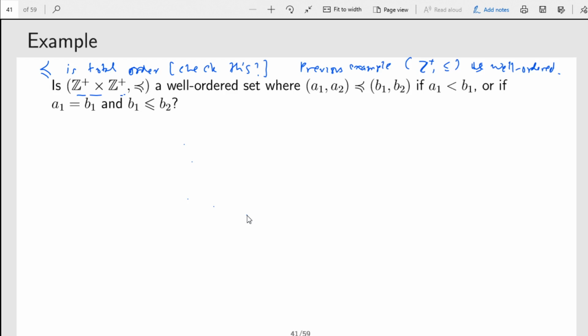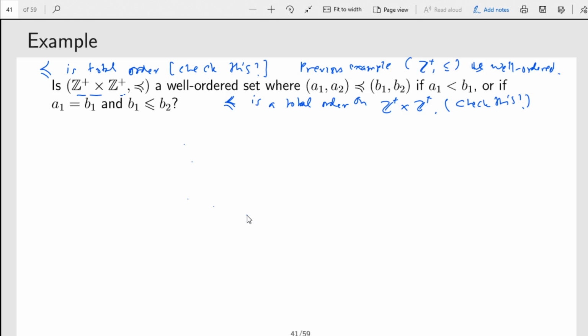First of all, we note that we've shown in one of the previous examples that this is a total order. To be sure, you could check this in more detail. It should be pretty easy.